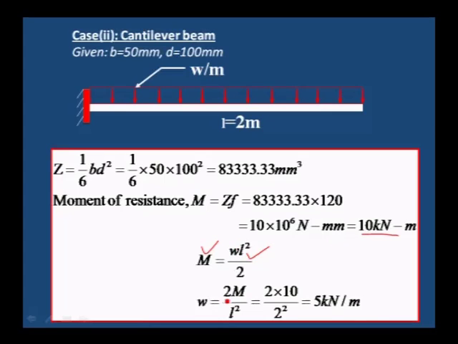The L value, 2 meter, is given in the problem. Therefore, W is equal to 2M by L square. If you cross multiply, you will get the W value as 5 kilonewton per meter. We can see again what is given in the problem.